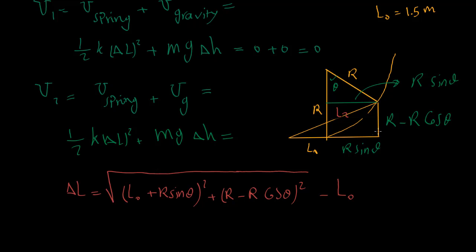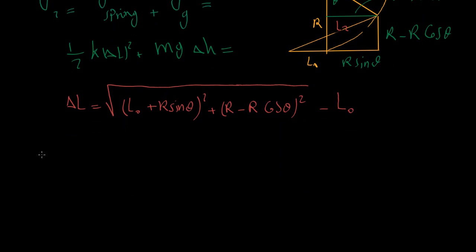And for delta H here, because this point was the reference, the slider has gone upward with the value of R minus R cosine theta. So delta H is R minus R cosine theta.